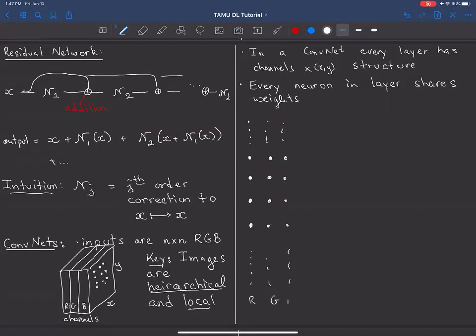So this is red, green, blue, and this direction is the X direction of the image. And now I'm going to make another layer, which has the same structure, but which may now have more channels. So maybe rather than 3 channels, it might have 4 channels. And channels are just an abstraction. They don't really mean much. They're just some kind of correlated features.